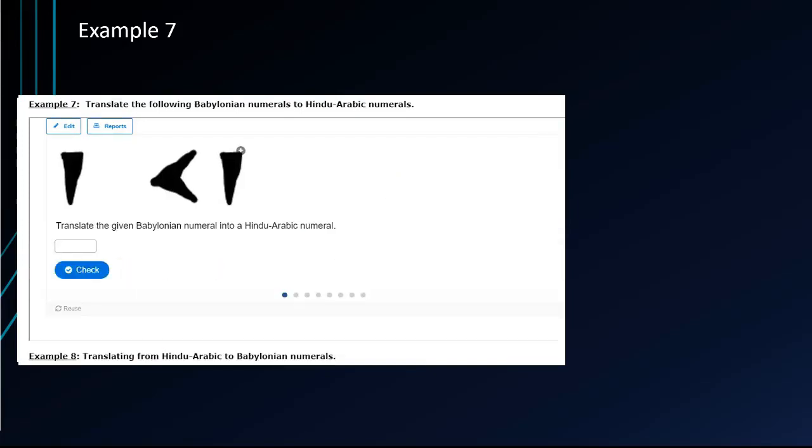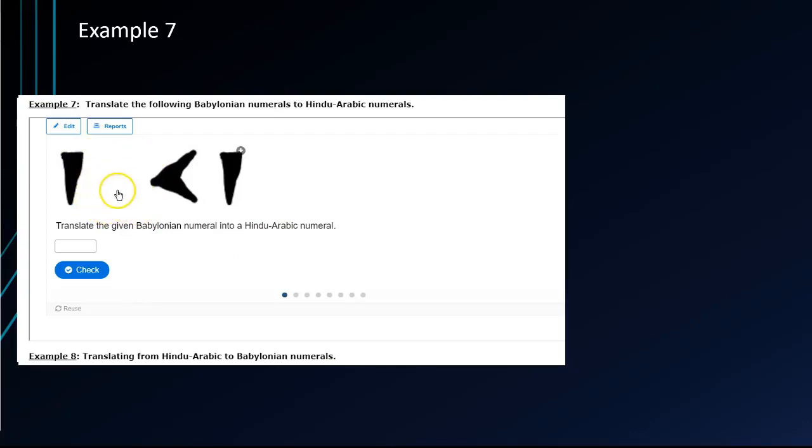Now here we're looking at Babylonian numbers. A couple of things about Babylonian numbers is that this symbol here usually represents a 1. This symbol here usually represents a 10. And spaces indicate, kind of like your place value.